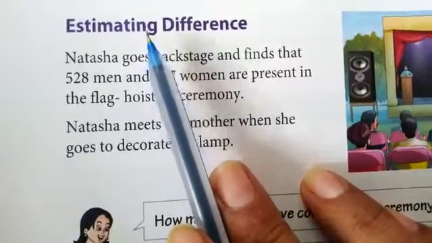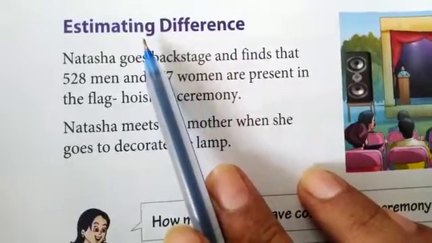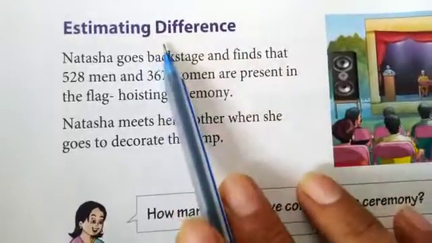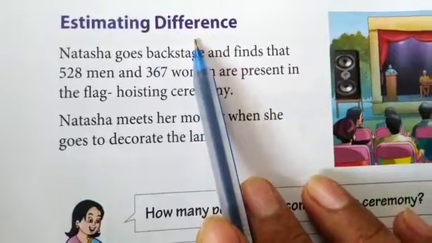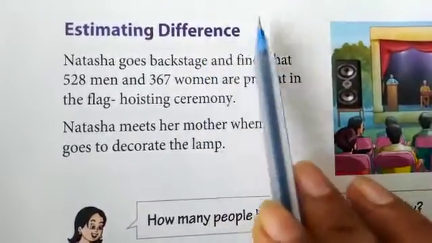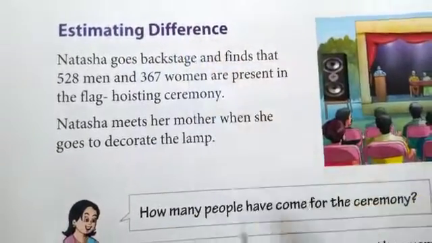Rounding off the numbers to the nearest tens place is also called estimating the numbers. And here we will find the difference. As we found in the addition chapter, it was the estimated sum because it was addition. Now this is the subtraction chapter, that's why we will find the difference, but the estimated difference, right?